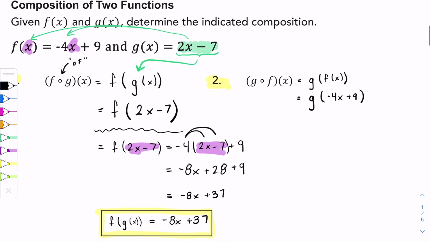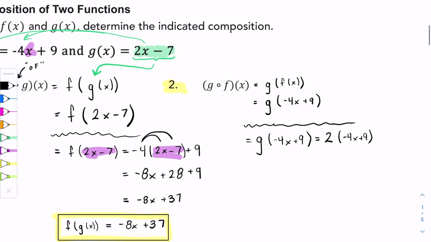If I'm replacing all x values in g of x with negative 4x plus 9, I'm now going to have the function g of negative 4x plus 9 is equal to 2 times negative 4x plus 9 minus 7. And at this point, I simplify. 2 times negative 4x, 2 times positive 9.